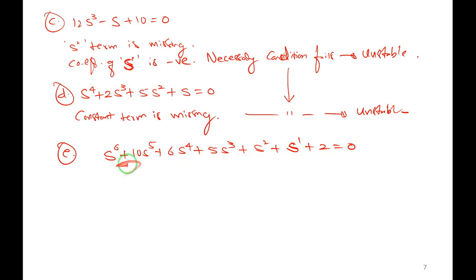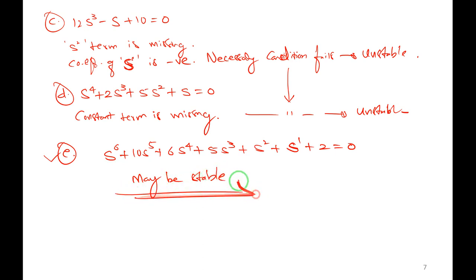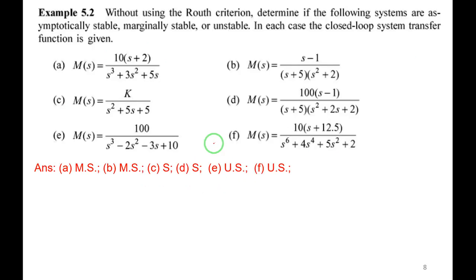Is the given system stable or unstable just by inspection? Maybe stable. Because the necessary condition is satisfied, it may be stable. If I want to tell clearly whether it is stable or not, I should go for proving the sufficient condition.